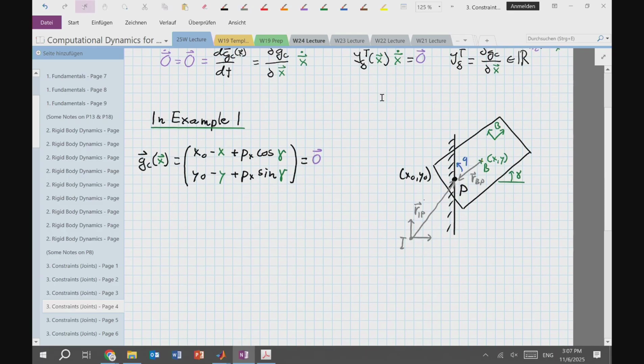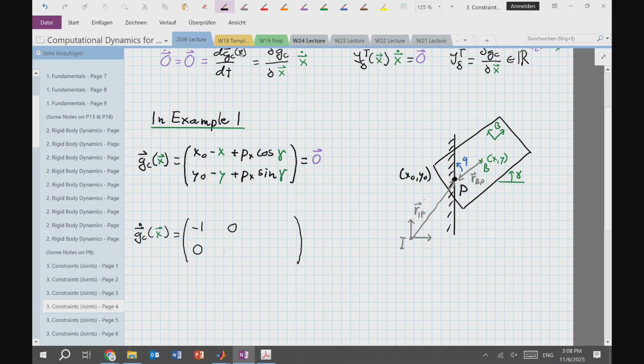In our example, GC of x equals 0, so GC dot of x is now, I need the partial derivative of this function against the elements of x, and I will get a 2 by 3 matrix. I get a -1 here, a 0 here. If I take the derivative against x, I get a -1 here, nothing down here.